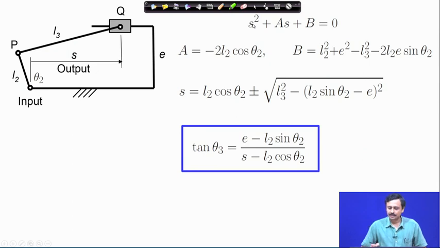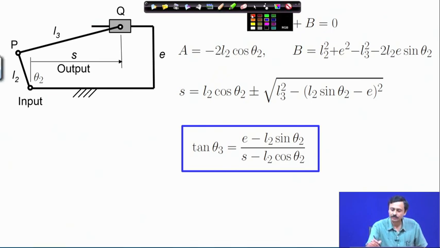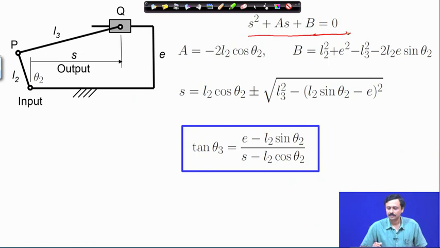So, let us collate these things what we have. So, we have this quadratic equation which we need to solve, where A and B are completely known in terms of angle theta 2 which is given to us.